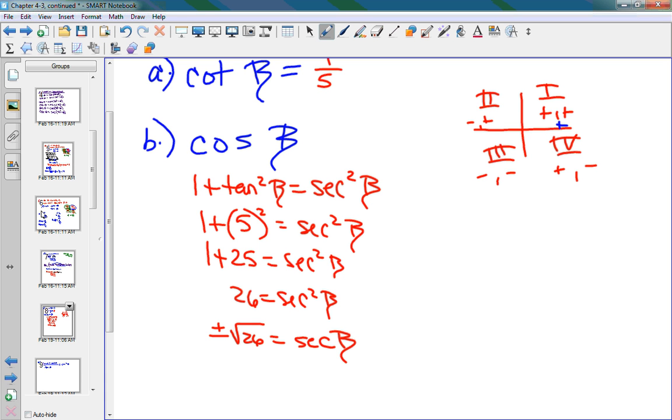In quadrant 2, what's my tangent going to be? It's going to be negative. In quadrant 3, what's my tangent? Positive. And in quadrant 4, what's my tangent? Negative. In order for my tangent to be positive, I am in either quad 1 or quad 3. Do we understand that? Secant is the reciprocal of what value?